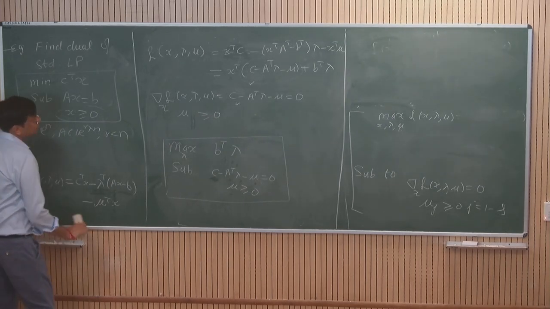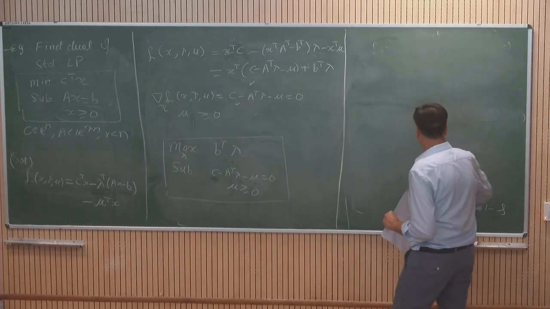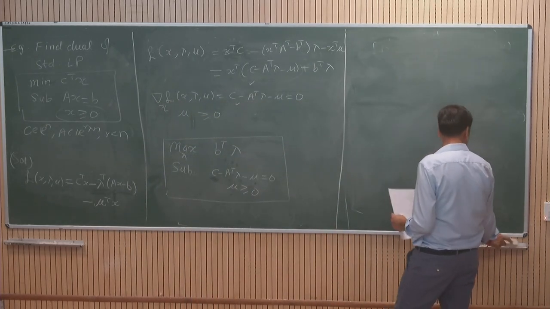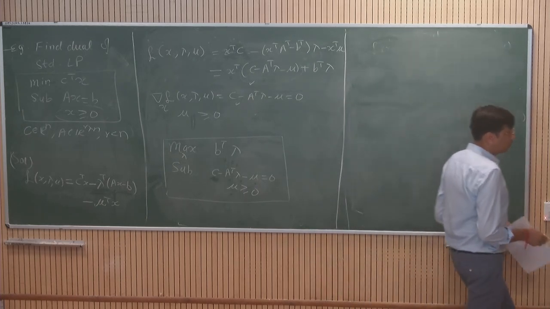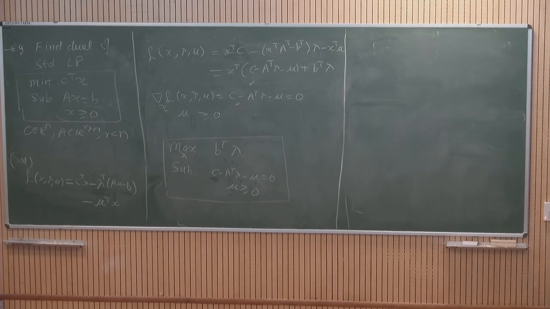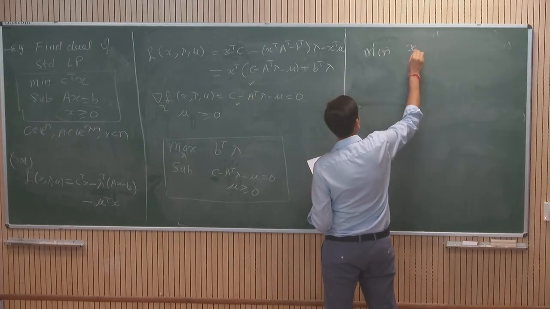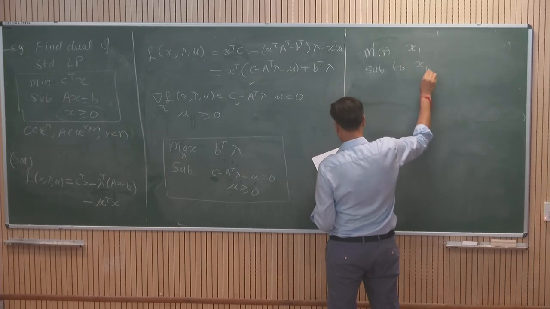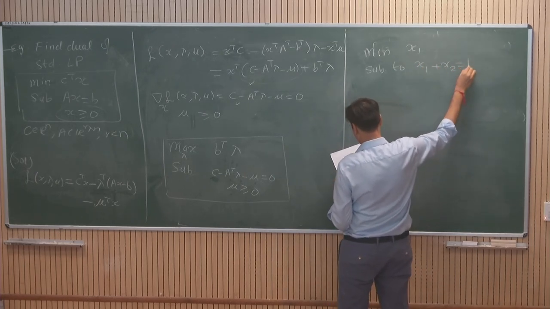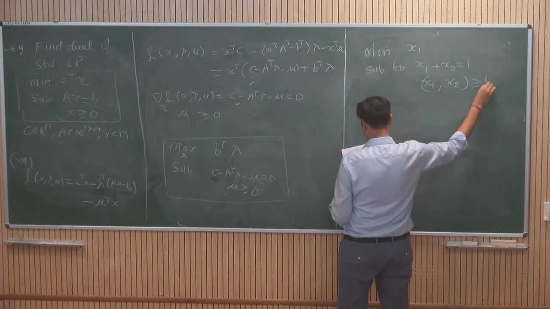You do, so this was the example. You solve it and tell me with another example. Then I'll tell you what the interior point method is. Then we'll stop. We'll not run too much. So we write: minimize x1 subject to x1 plus x2 equal to 1, x1, x2 greater than or equal to 0.